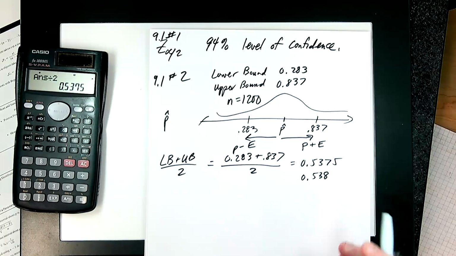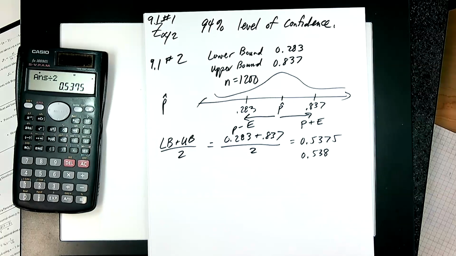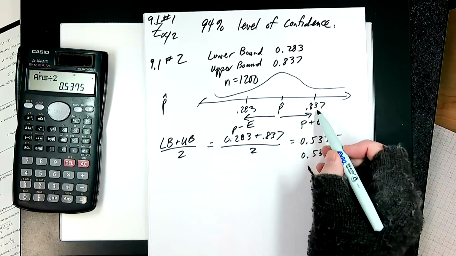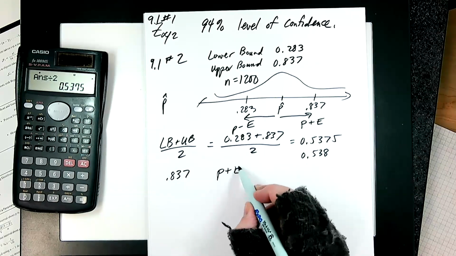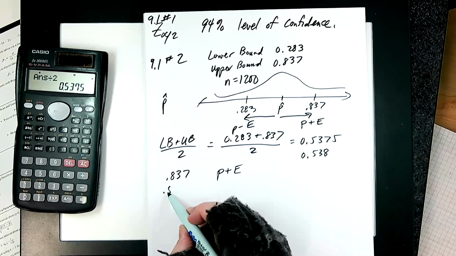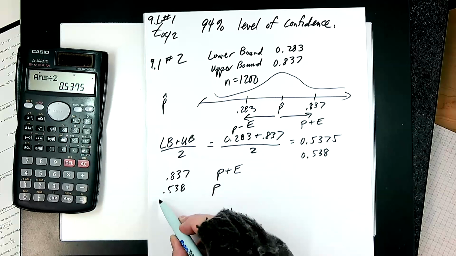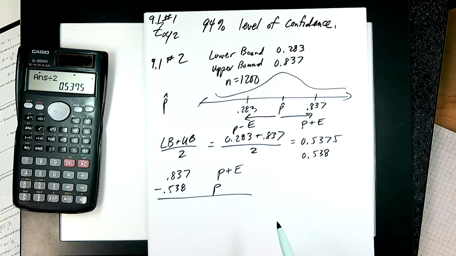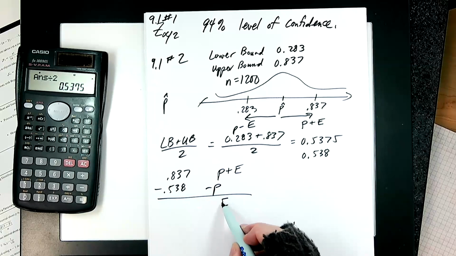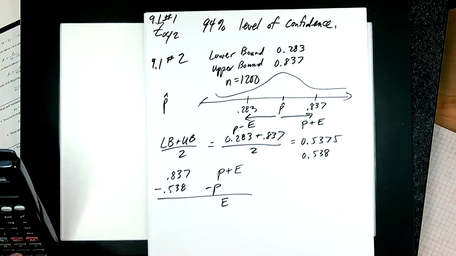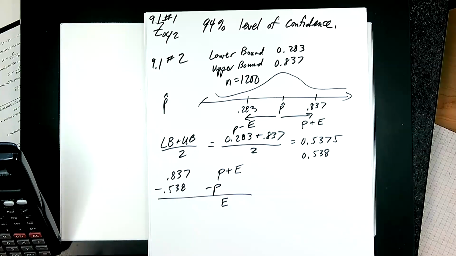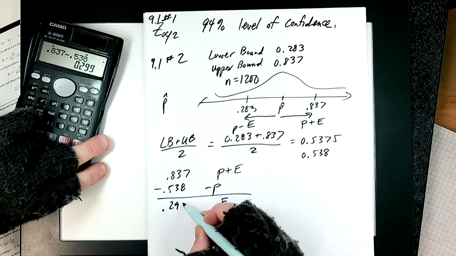Now, I think it's going to ask me for the error, but it doesn't show me it. If it asks me for the error, I know the 0.837 is the P plus the error. And I know 0.538 is my P. If I subtract, I'm just left with E. 0.837 minus 0.538 is going to give me 0.299.